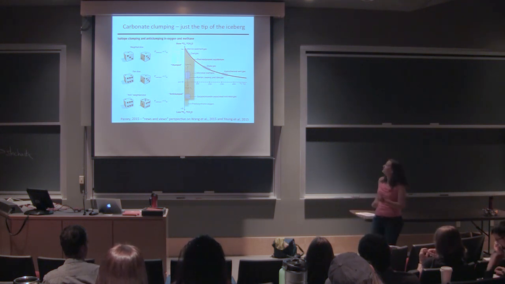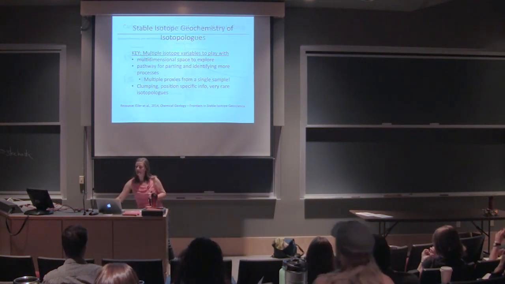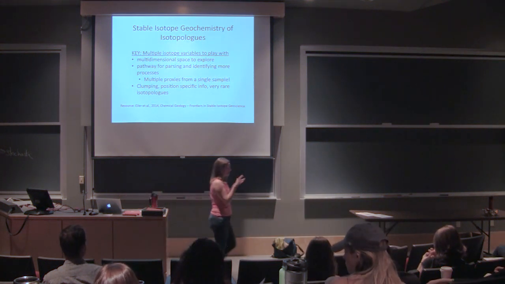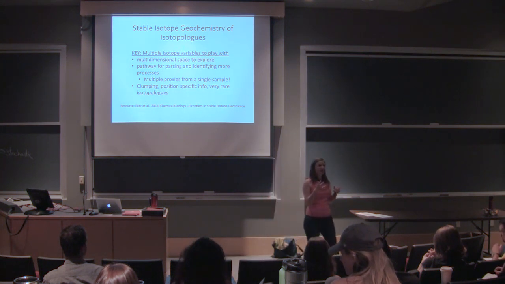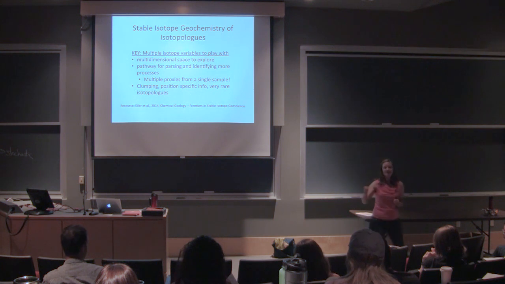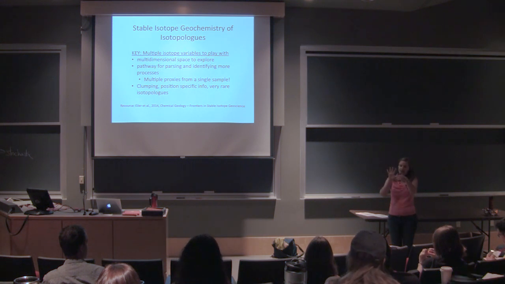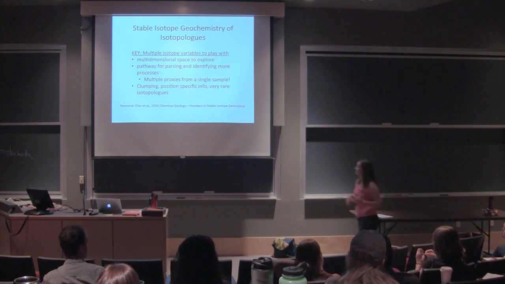But it's just giving you a lot more information from exactly the same samples to play with, and a better chance that things you may see in bivariate space, where you can't quite tease apart, say, that methanogenesis is happening in this setting and that it's not something else, just as an example. Here you would have that additional space to see how your populations fall out differently and actually parse apart different processes.